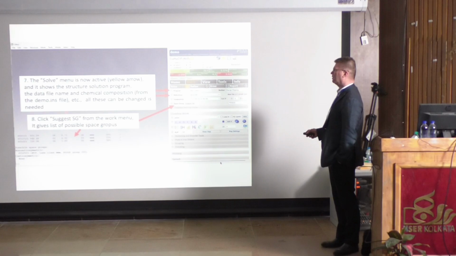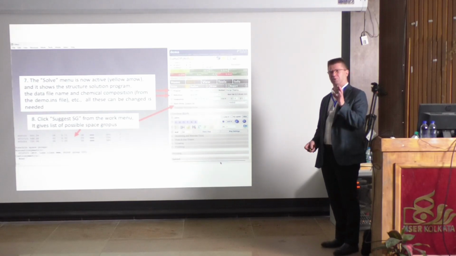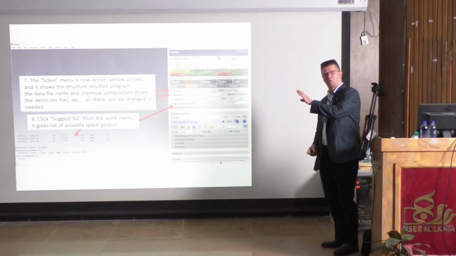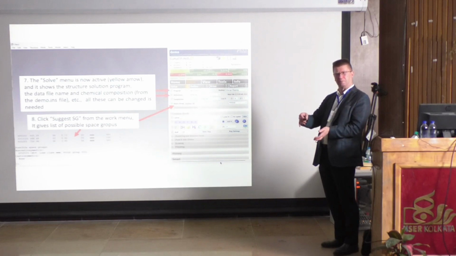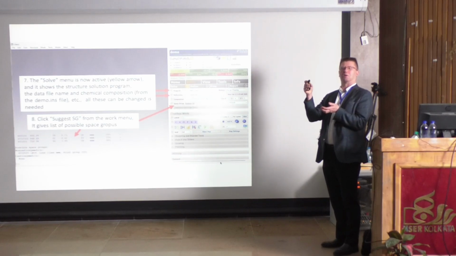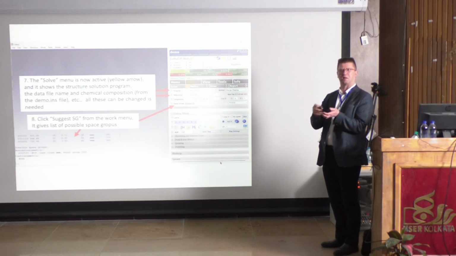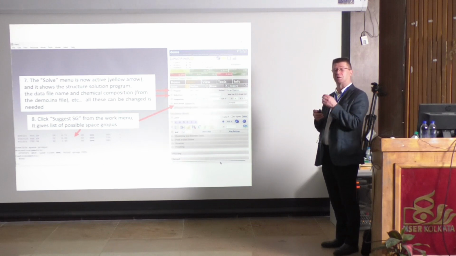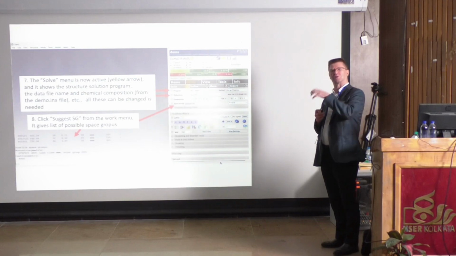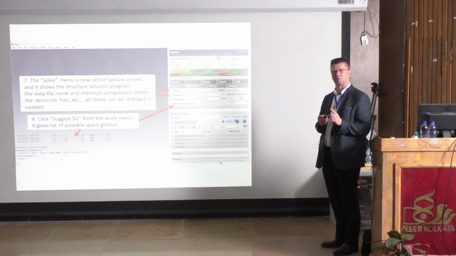Now, remember the computer program in the diffractometer already was looking through the data and checking the symmetry operations in this unit cell, meaning that can it find the space group for this? The space group are the symmetry operations inside the unit cell, but we have to check this by ourselves.